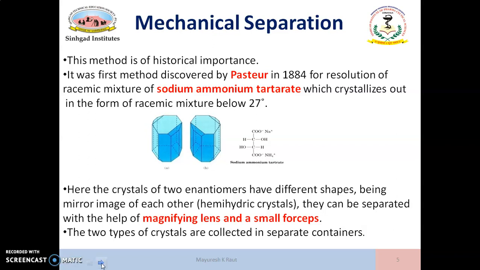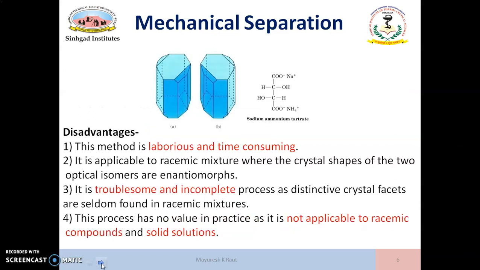Here, the crystals of two enantiomers have different shapes, and being mirror image of each other, they can be separated with the help of magnifying lens and a small forceps. Example, sodium ammonium tartrate crystallizes out in the form of racemic mixture below 27 degrees Celsius. The two types of crystals are then collected in separate containers.